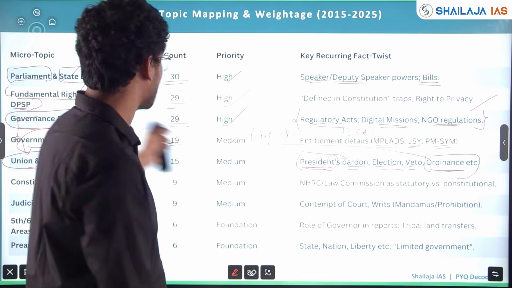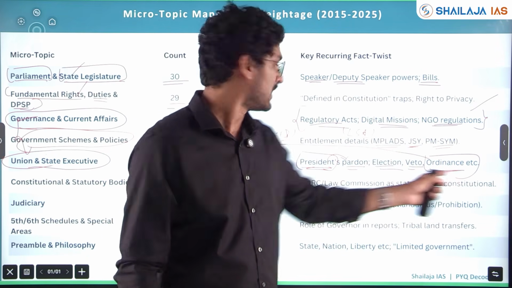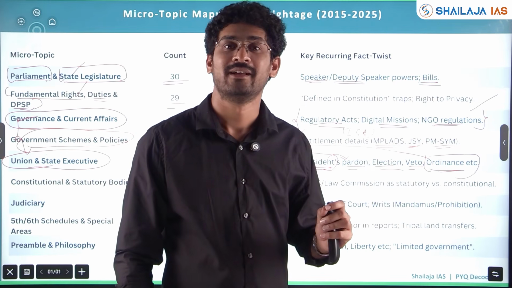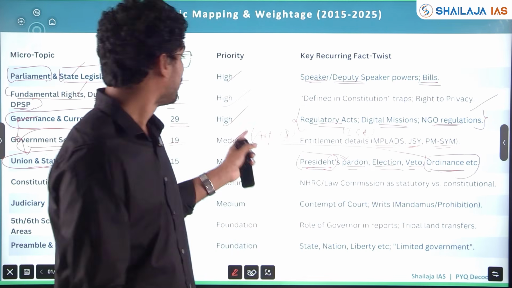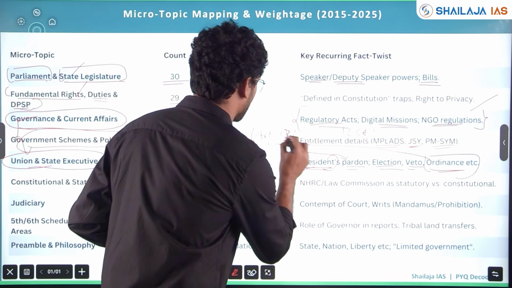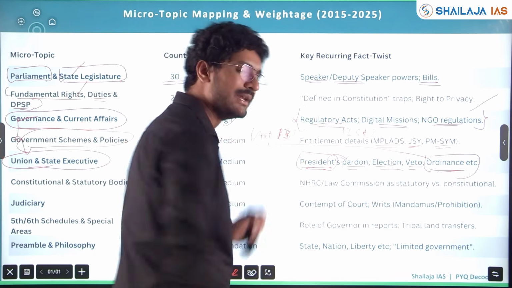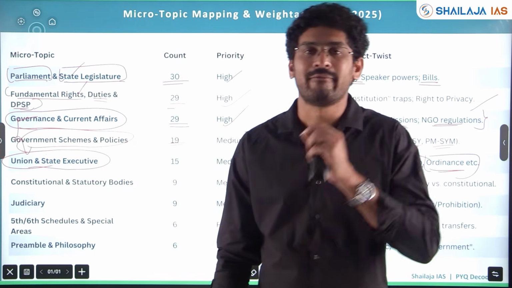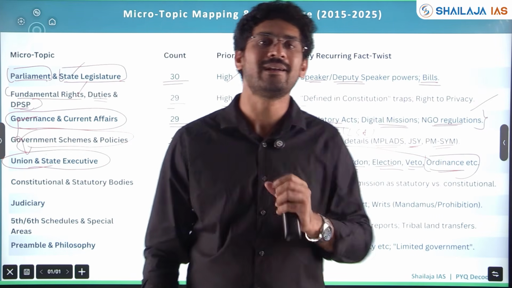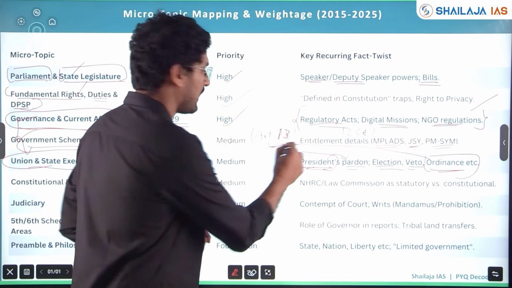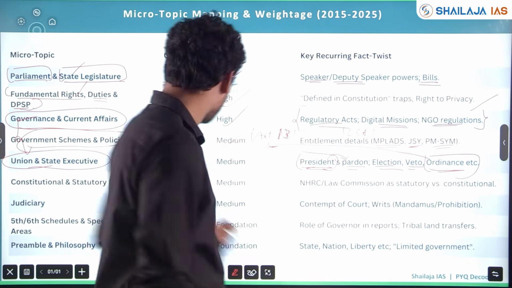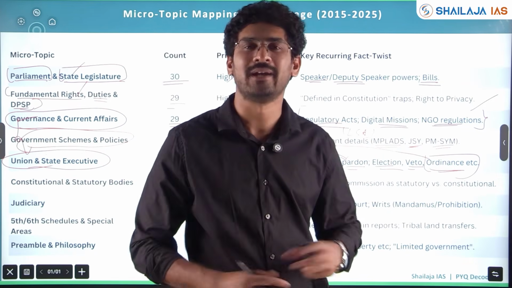Fundamental rights have been linked with ordinance, linked with the union executive, which is the president. Can an ordinance abridge a fundamental right? No. Why? Article 13 is there. Any law that abridges a fundamental right, including an ordinance, will be considered null and void. Asked in 2025.